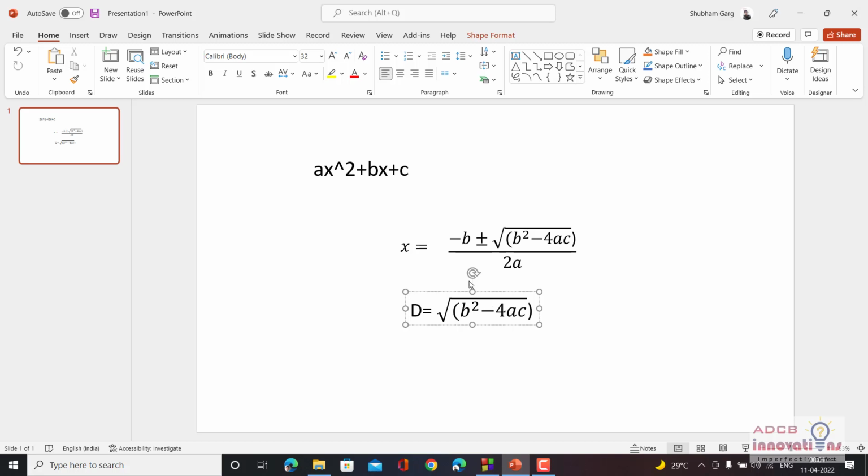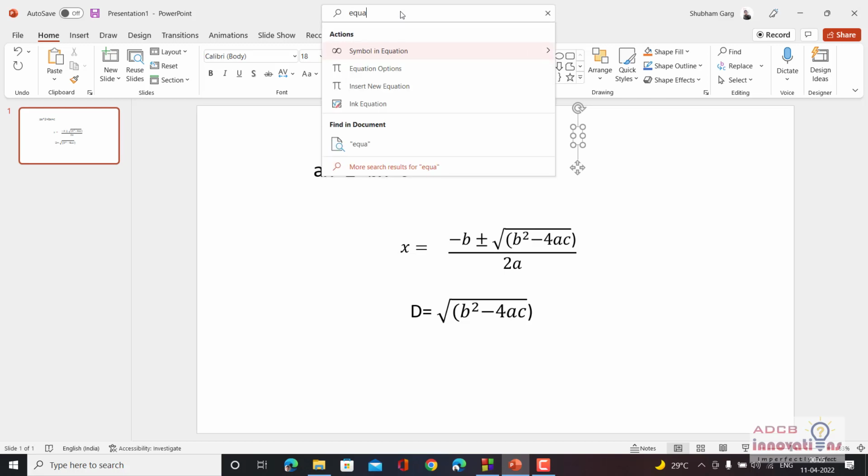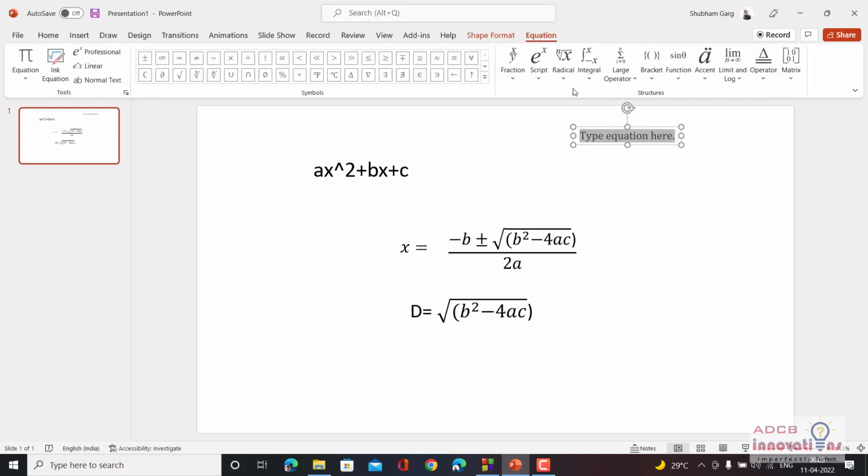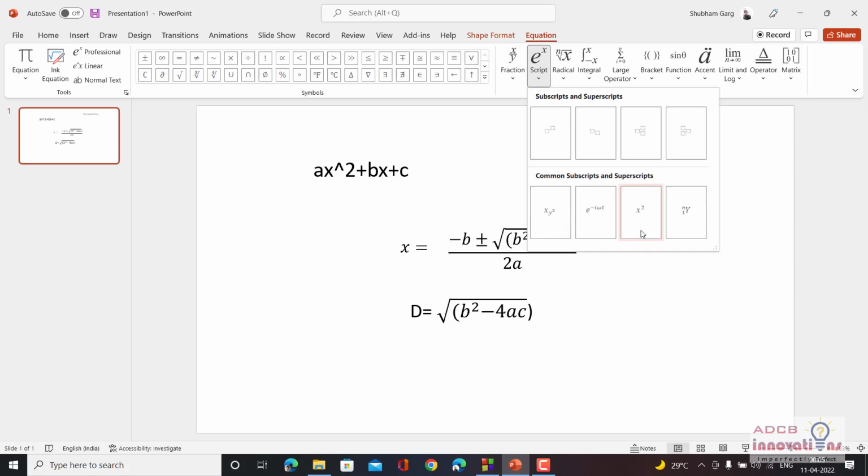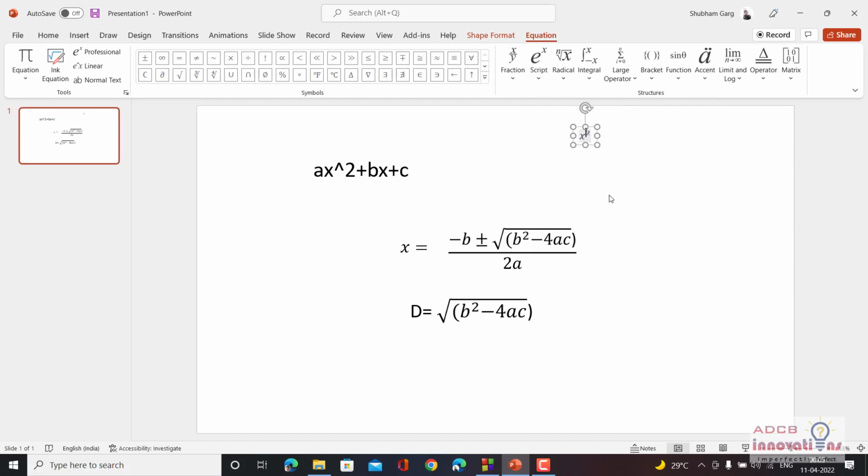So depending on the value of d, there are different cases. Let's say b square is less than 4ac. This is case 1.